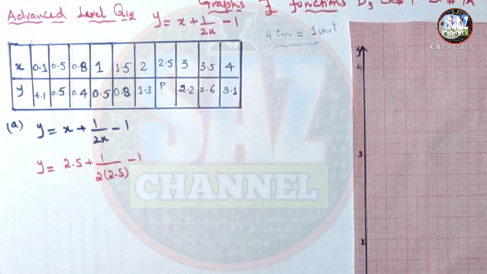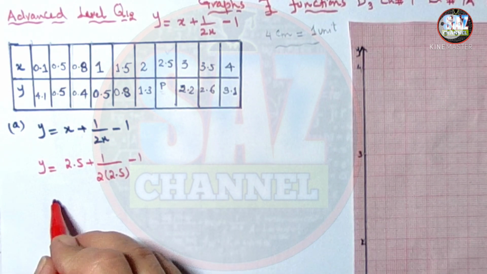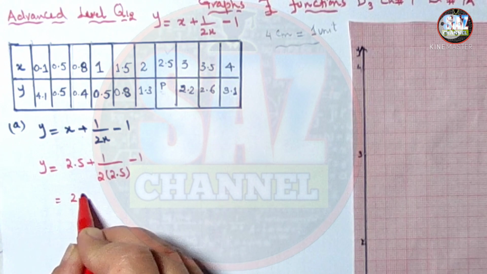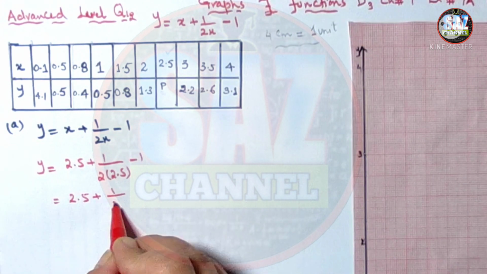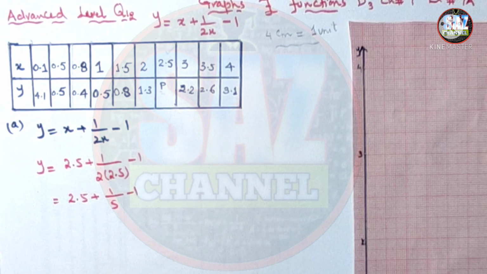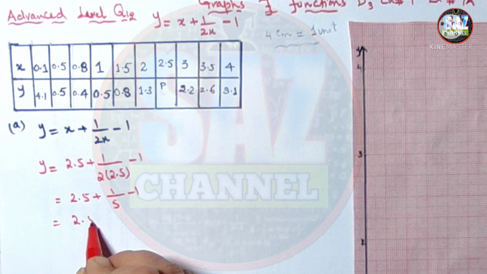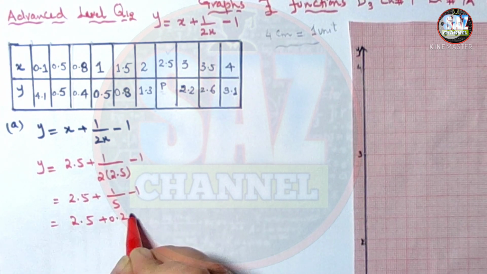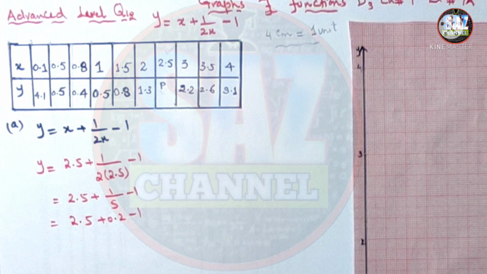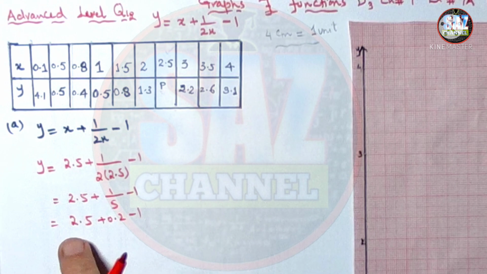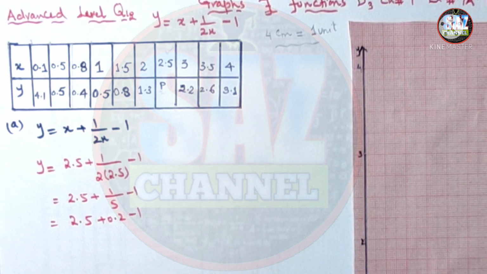Now 2 multiplied by 2.5 gives me 5. So this is 2.5 plus 1 over 5 minus 1, and now 1 divided by 5 is 0.2. Then 2.5 plus 0.2 is 2.7, minus 1, and this is 1.7.